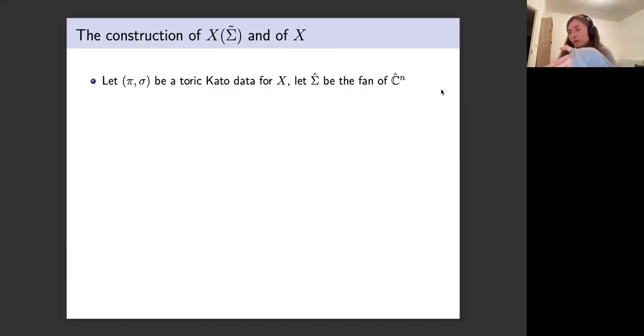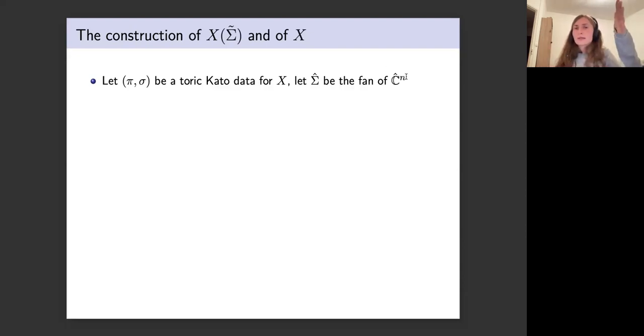And each n-dimensional cone will correspond to just an affine chart. And when you look at two different cones, the face which is the intersection of both will essentially tell you what is the change of coordinates from one chart to the other. So somehow the different rational vectors appearing in this fan will tell you what the change of coordinates are each time.